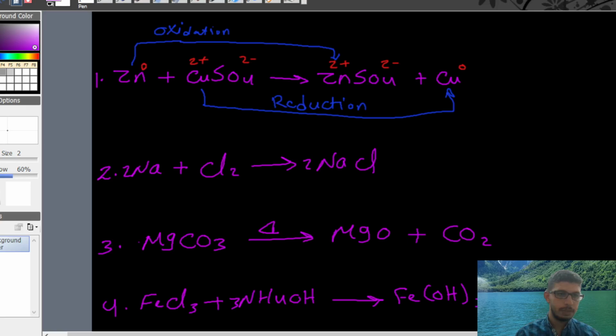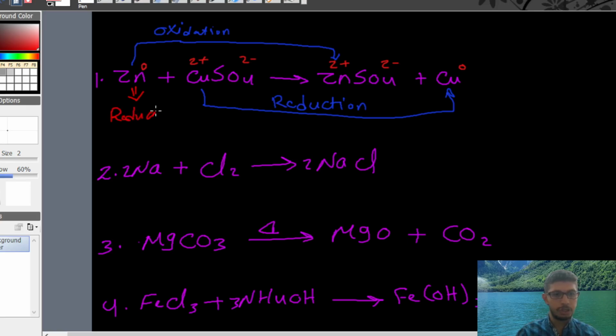So please focus with me. Let me write it with the red color. Zinc to zinc 2 positive, oxidation occurs. When oxidation occurs, that means this is the reducing agent.